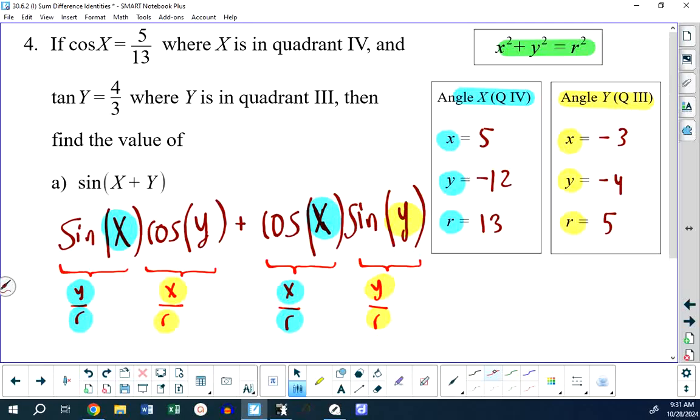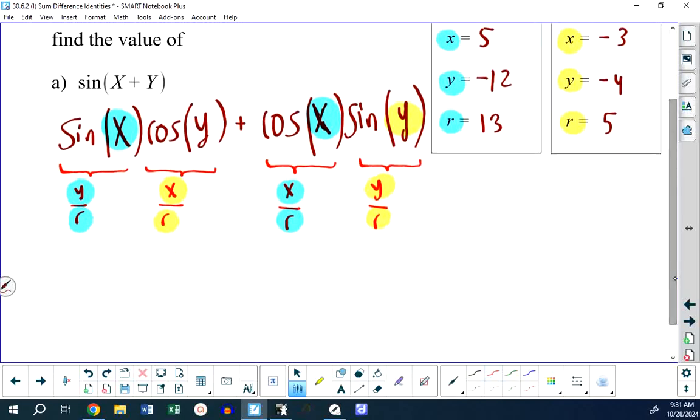So what do we get? We get sine of x is negative 12 over 13, multiplied by cos of y is negative 3 over 5, plus cos of x is 5 over 13, times sine of y is negative 4 over 5.